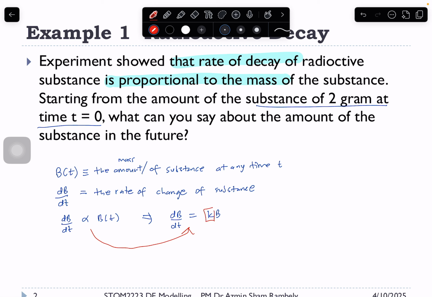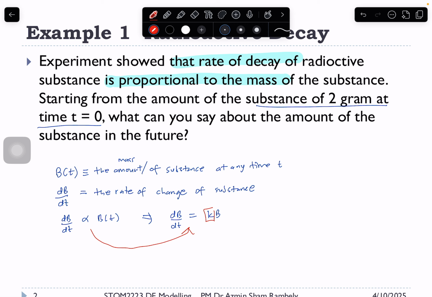K is the proportionality constant. If you read the sentence again, it says the rate of decay, so the amount is decreasing.